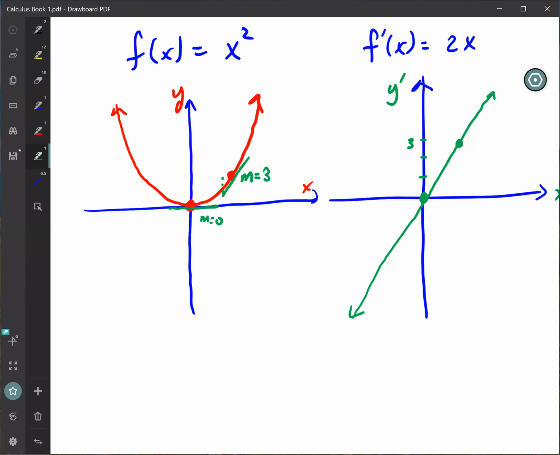I'll repeat that one more time. On the red one, you find the slope at different points and then use those slopes as the vertical values on the derivative graph, the green one.